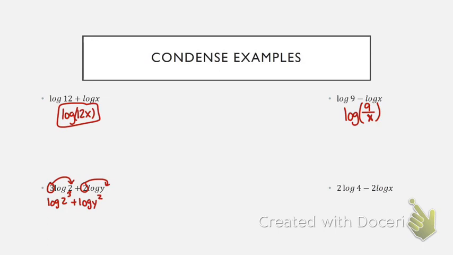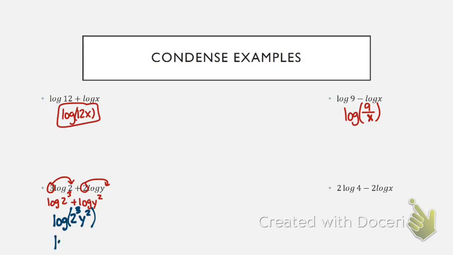Then, after I do that, I have two logs being added together. Log 2 cubed plus log y squared. So when I combine those or condense those to one logarithm, since they're being added, the inputs get multiplied.